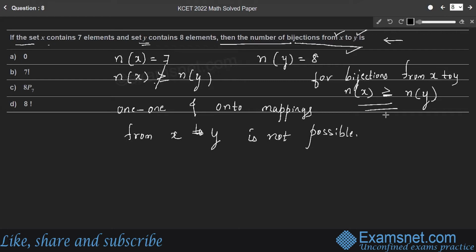Therefore, the number of bijections from X to Y is 0. Right? Therefore, option A is the right answer.